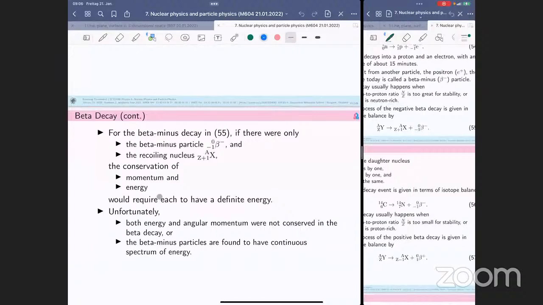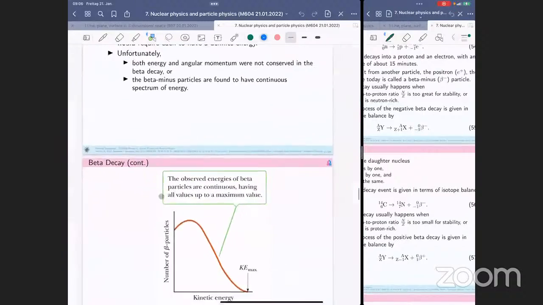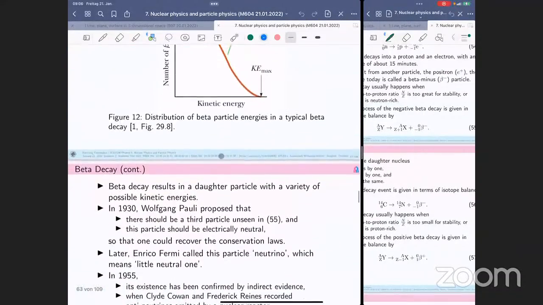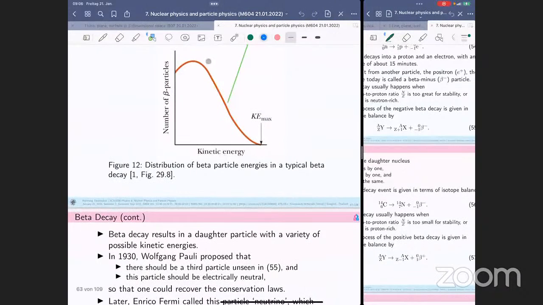But according to the measurement, the output is not discrete. The energy spectrum of the emitted beta particles is continuous. So there should be something wrong.